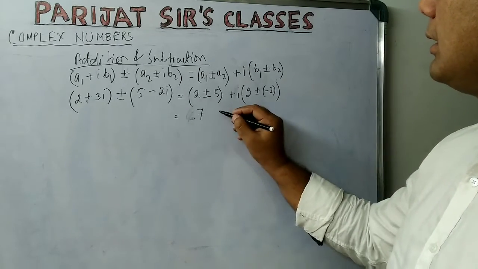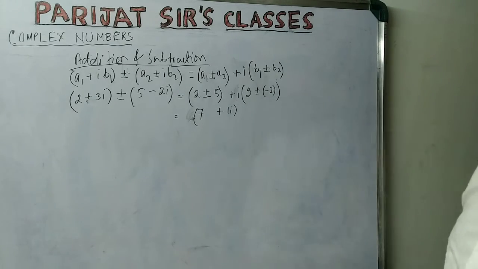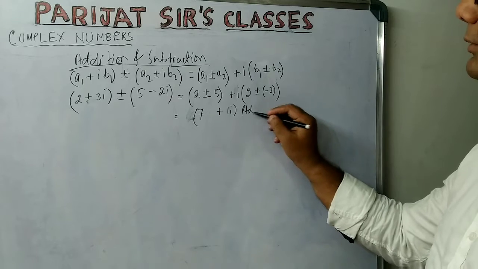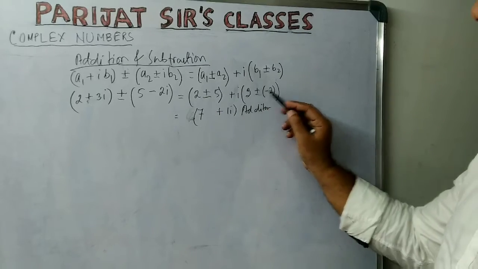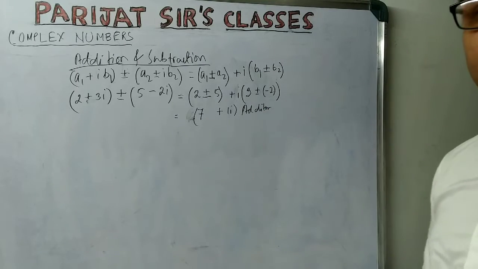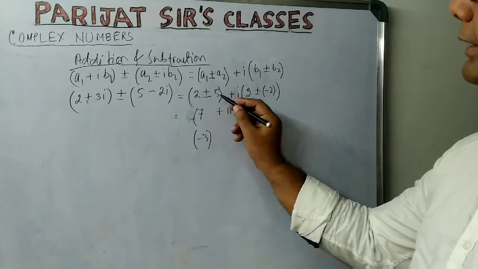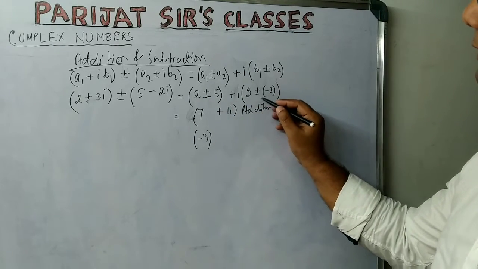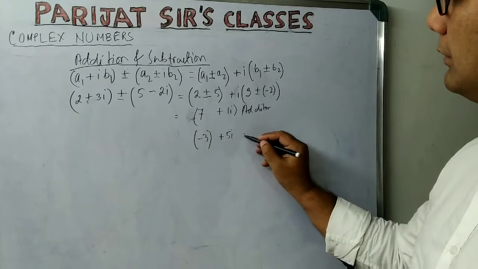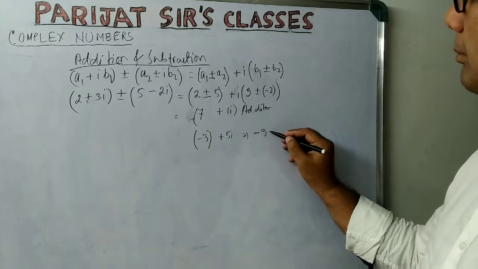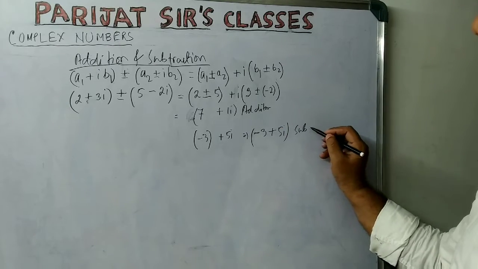If I do addition, 2 plus 5 is 7 and 3 minus 2 is 1, so it is 7 plus 1i. If I do subtraction, 2 minus 5 is minus 3, and 3 minus of minus 2 will be plus 5, so plus 5i. The answer will be minus 3 plus 5i. This is the answer for the subtraction.